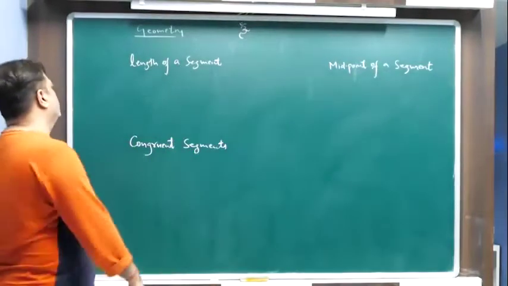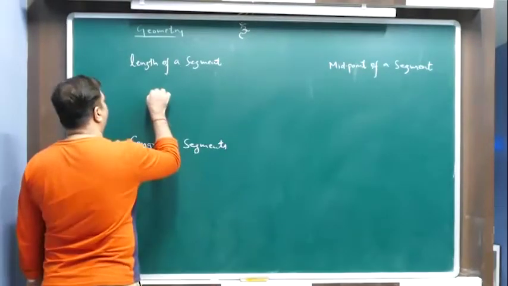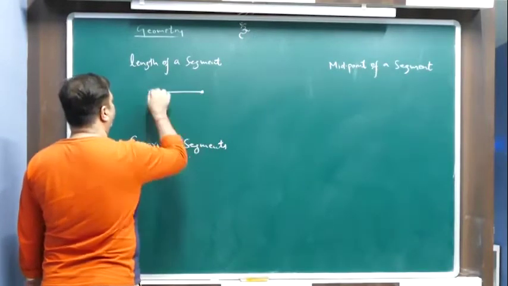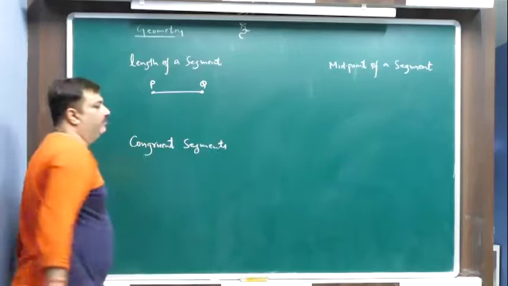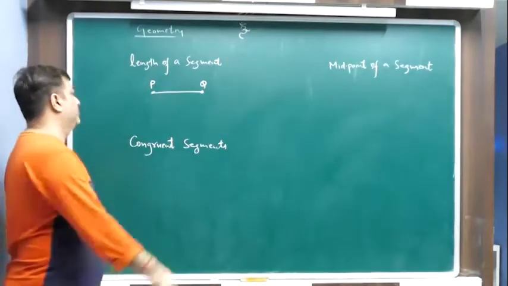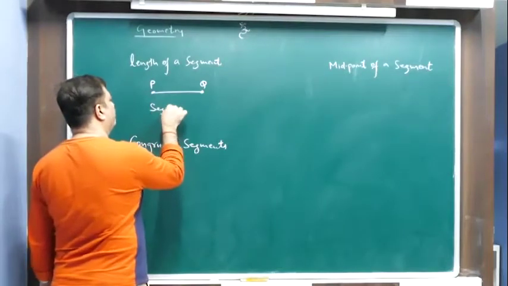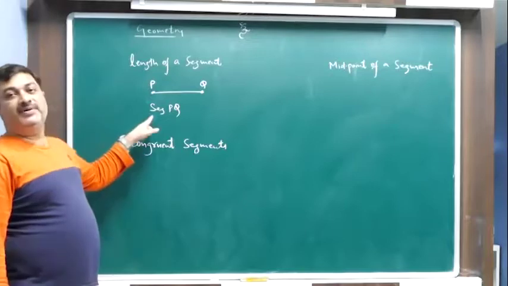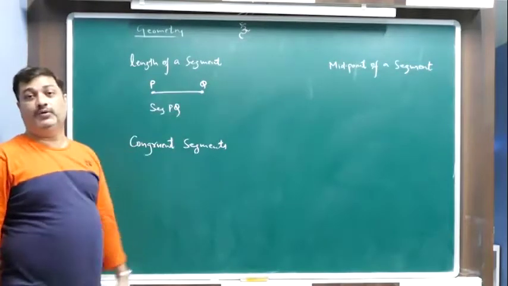Let's understand. So length of a segment, very simple. If you have a segment, I told you how a segment is represented. Starting dot, ending dot, name of the beginning, name of the ending point. So I call this segment PQ, correct? I will call it seg PQ. How do I represent length of segment PQ?